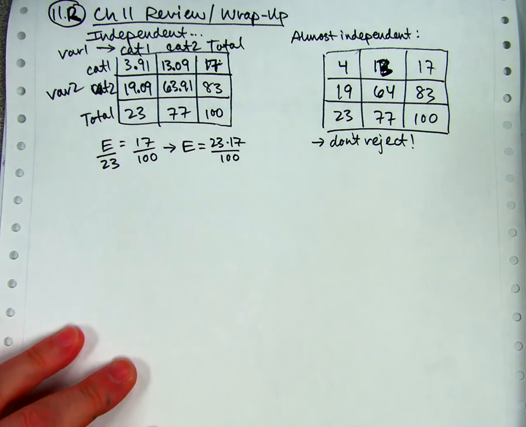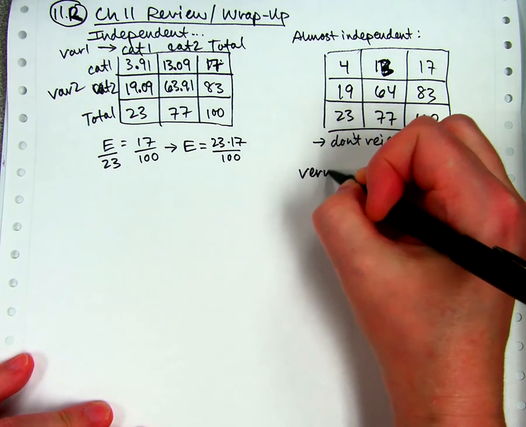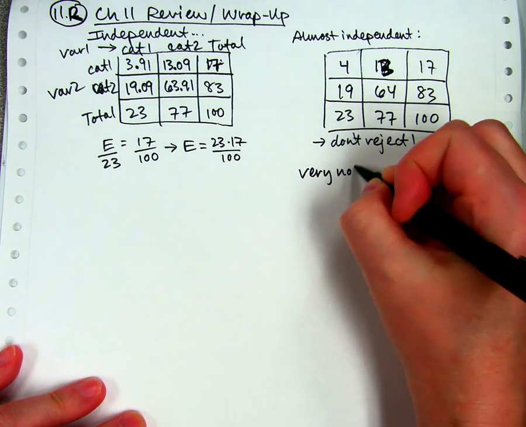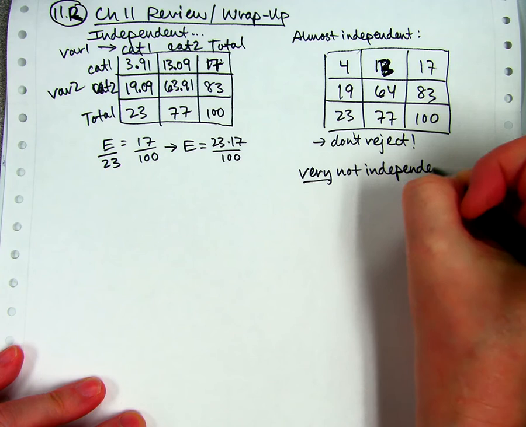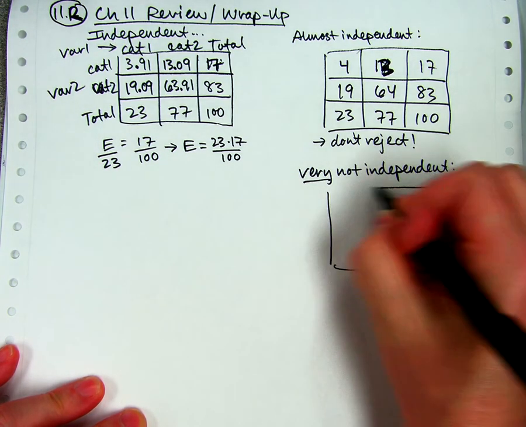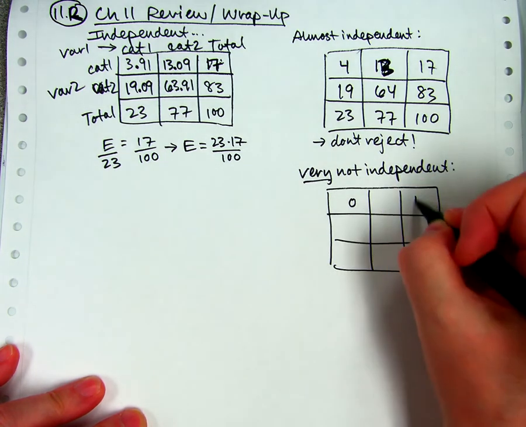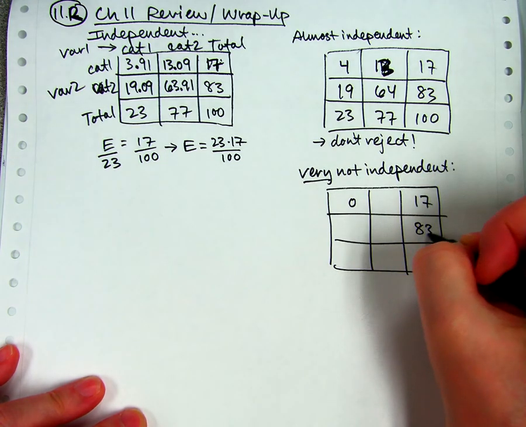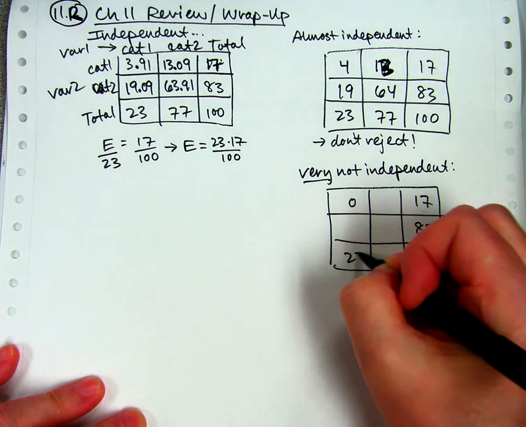On the other hand, at the other extreme, we could have something that's very, very not independent. As weird as possible would be if I had maybe a 0 here, and I still have my 17 and my 83, and my 23 and my 77.